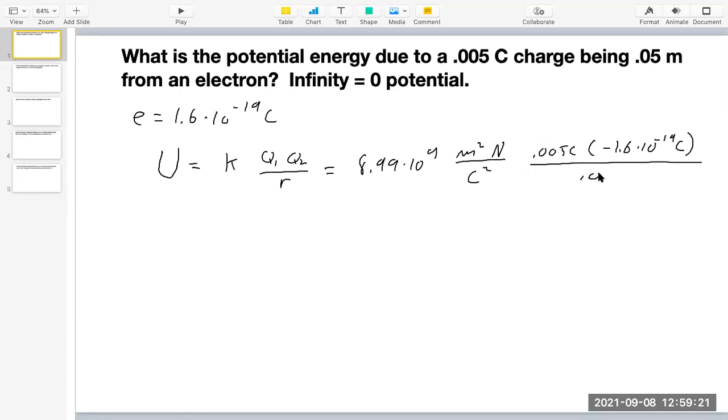over 0.05 meters. And just doing our analysis of units, coulombs cancel coulombs, meters cancel one power of meters, and we're left with meters times newtons, which is the same as a newton meter, which works out to be joules. I got minus 1.44 times 10 to the minus 10th.